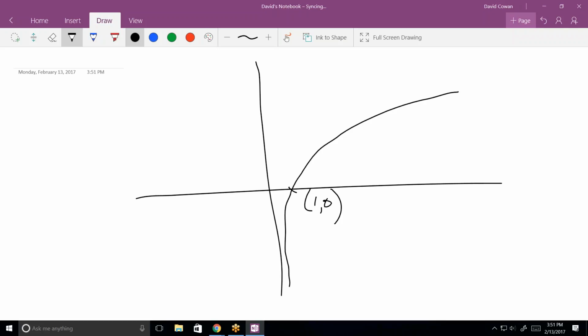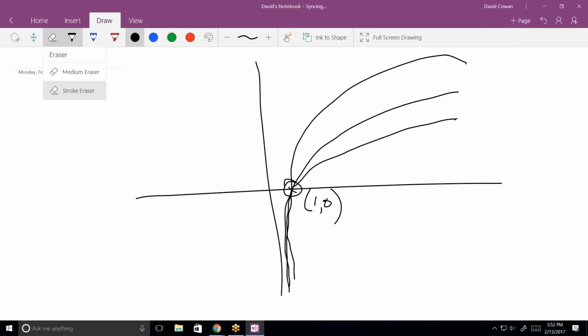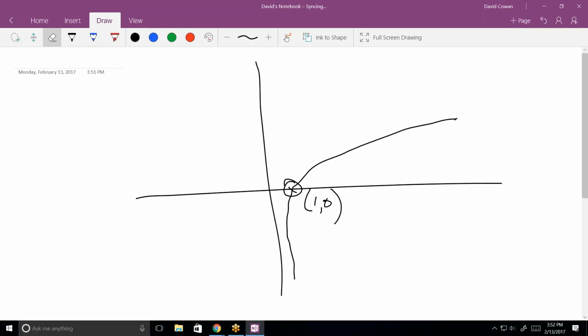And the reason is that they all go through this same point. Now some might have different shapes. One of those logs might look like this, and one of those logs might look like this, but all three of them go through that point, and all three of them are asymptotic with the y-axis, which is x equals 0. So when I just draw one, you can't really tell what base that is.